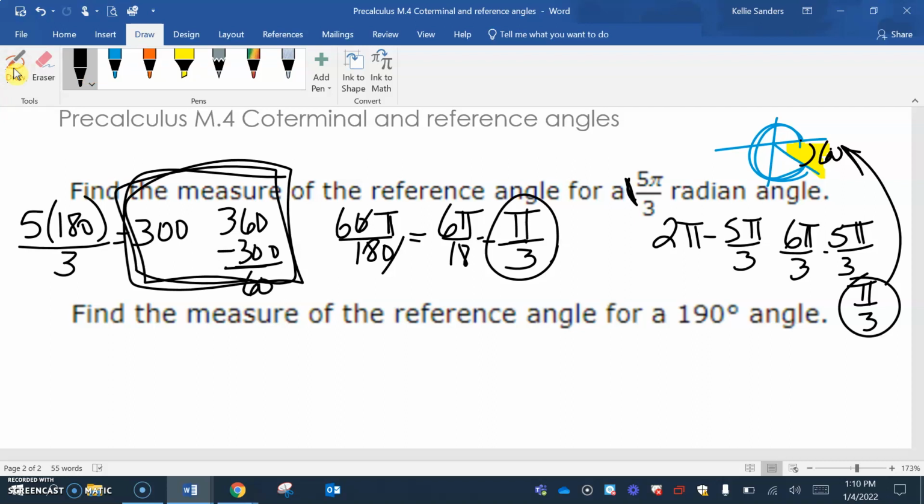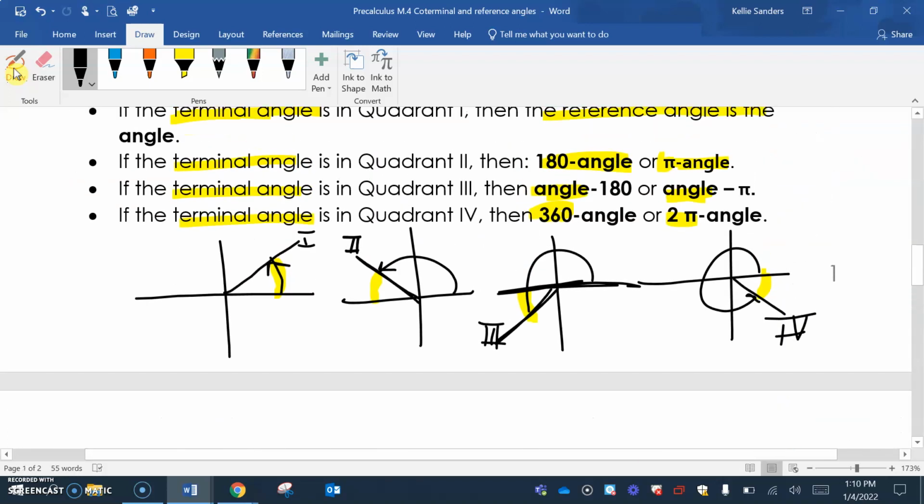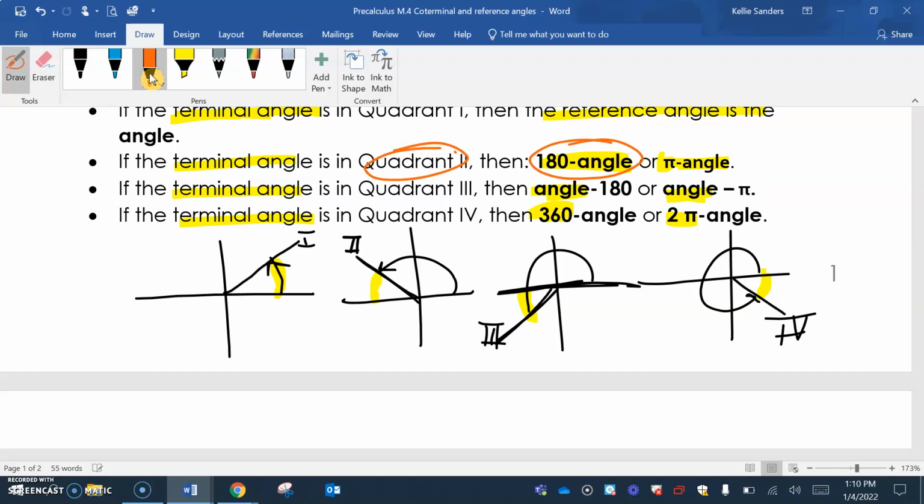Find the measure of the reference angle for 190. 190 is bigger than 180, so that means it's in quadrant 3.